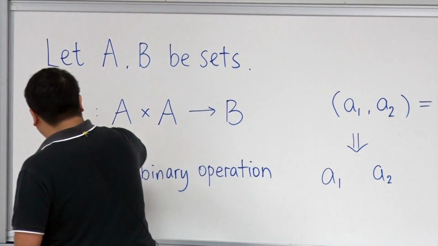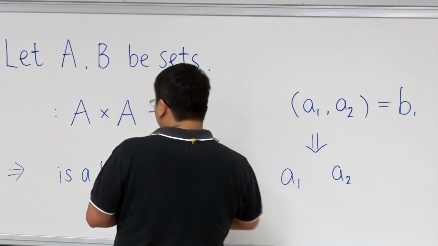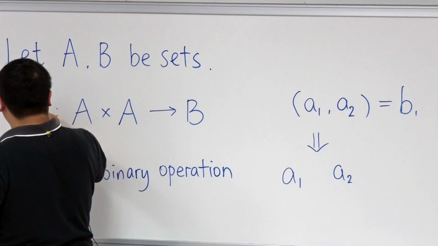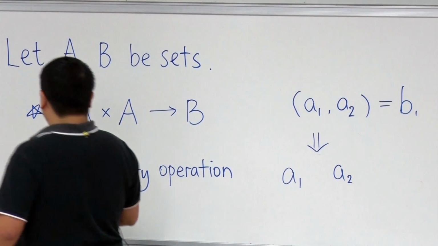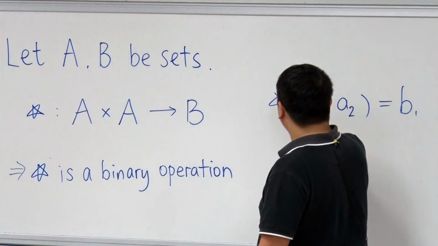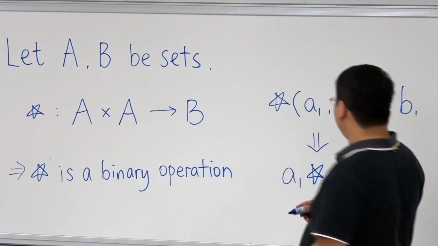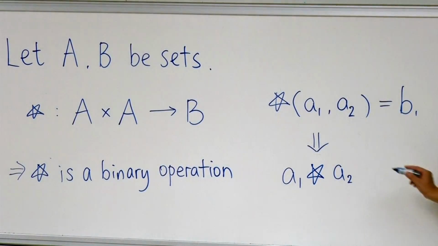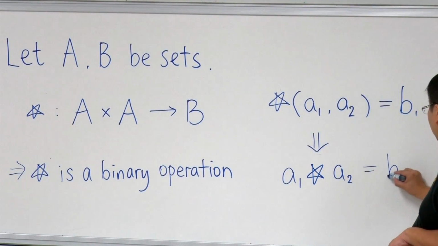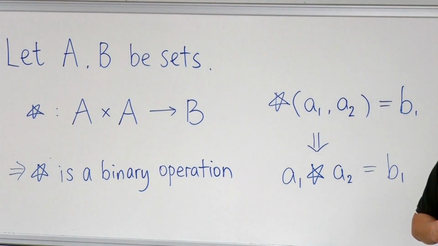For instance, we may use a star. So rather than writing star(a1, a2), we write a1 star a2 is equal to b1. Good, so this is a binary operation.